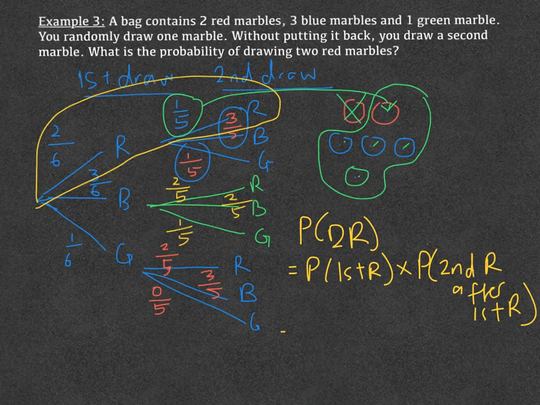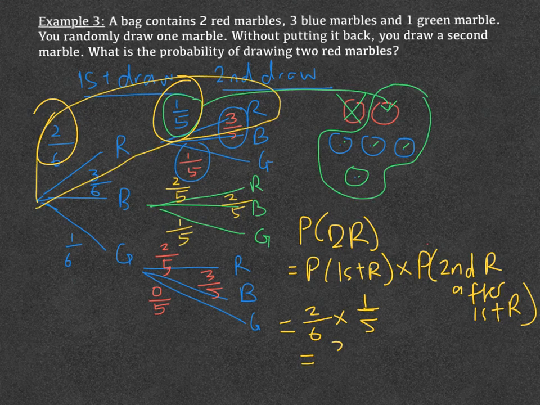So if you use the tree diagram, it's very straightforward. You just take 2 over 6 multiply by 1/5, and that will give you 2 over 30, and that is reduced to 1 over 15.